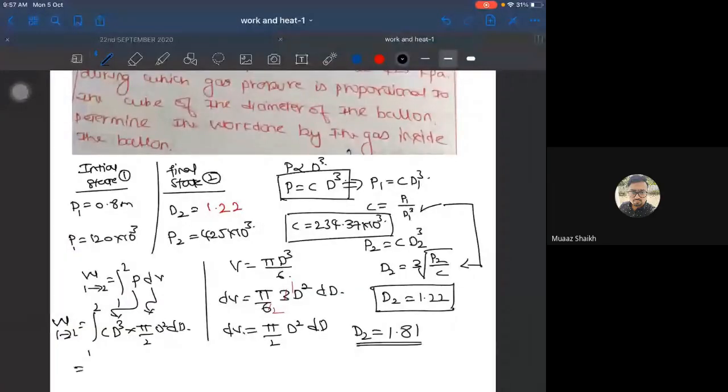So C pi by 2 is common, I mean the constants. Integration from 1 to 2 of D cubed and D squared is D to the power of 5 dD. If you integrate it, it would be C pi by 2 into D2 to the power of 6 minus D1 to the power of 6, divided by 6 again.